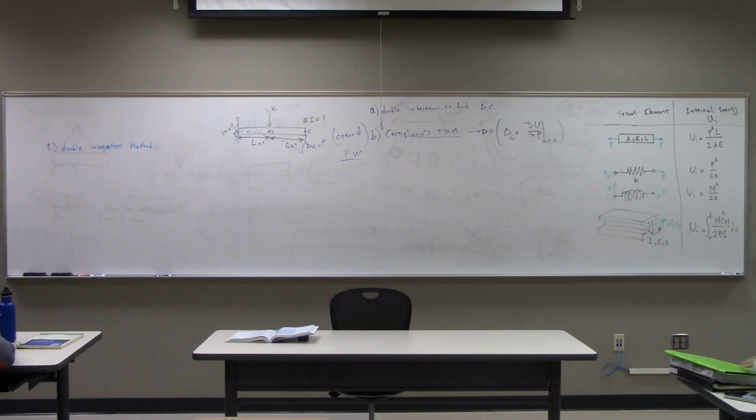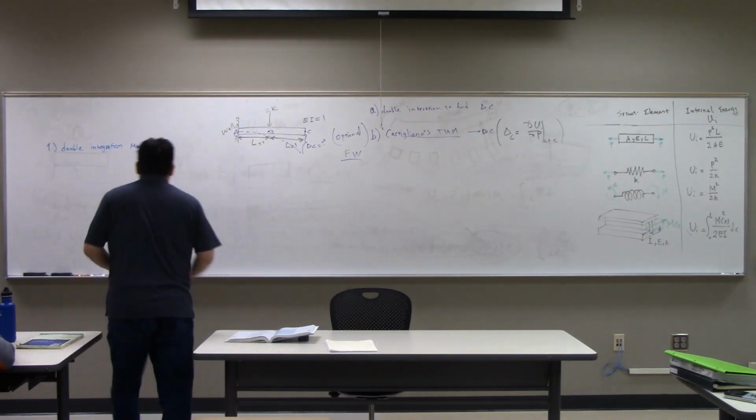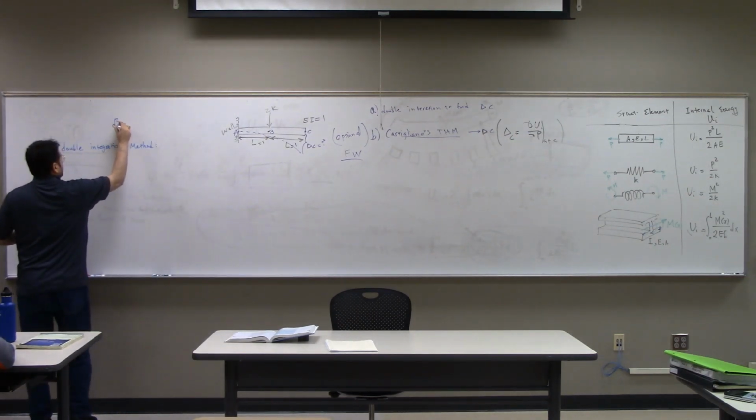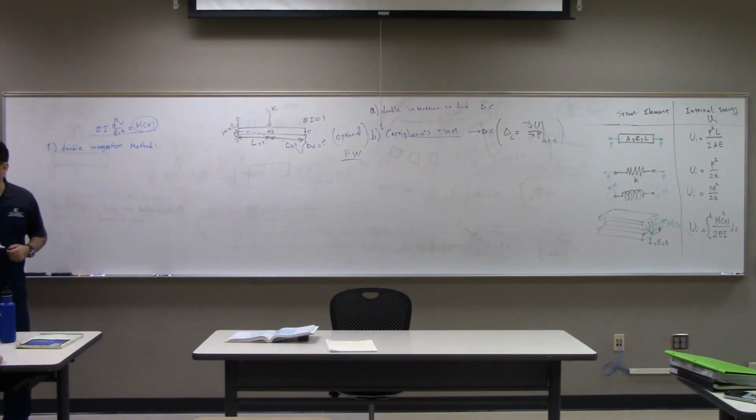So the double integration method, you know that the second derivative of deflection, d squared y over dx squared, is moment at x. So what you need is the moment relation, right?